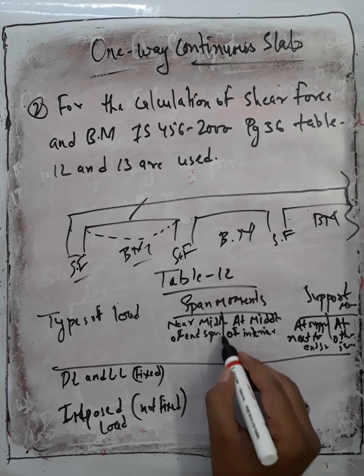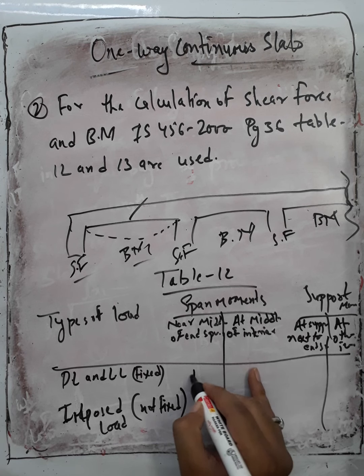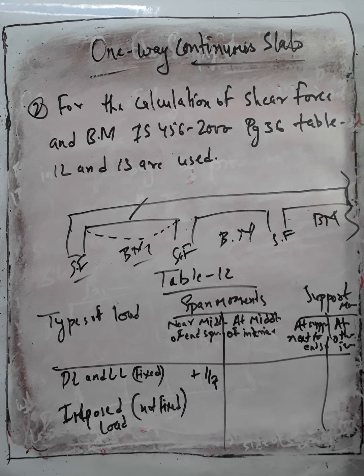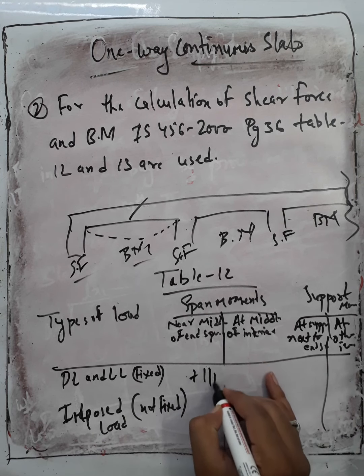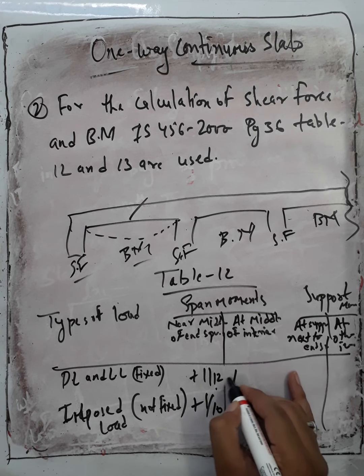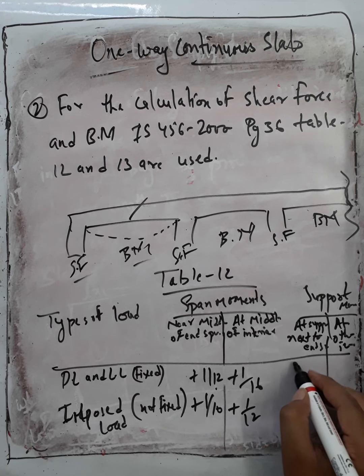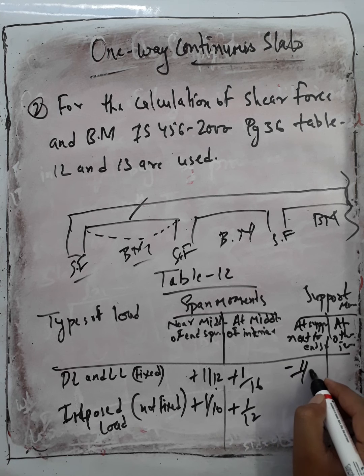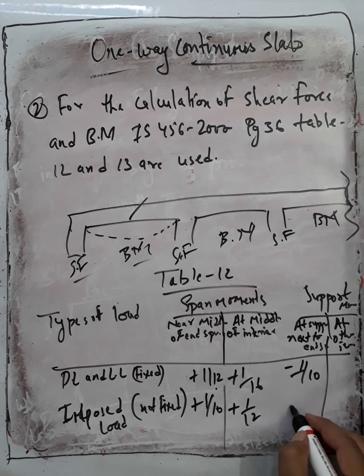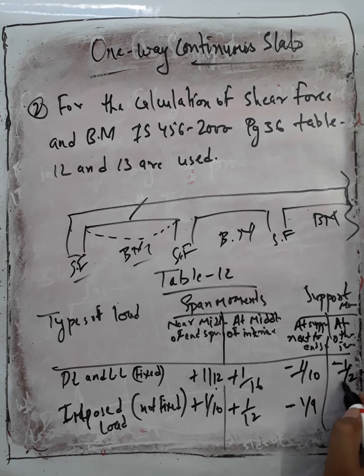They have given values for that: plus 1 by 12, plus 1 by 12, and this is plus 1 by 10, this one is plus 1 by 16, this one is plus 1 by 12, minus 1 by 10, minus 1 by 9, minus 1 by 12, and minus 1 by 9.